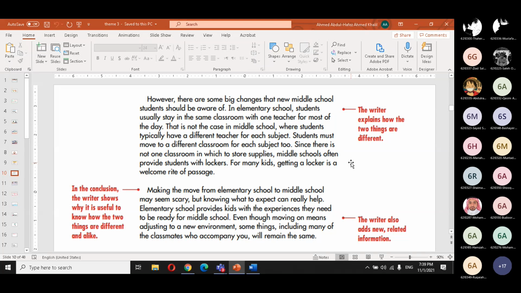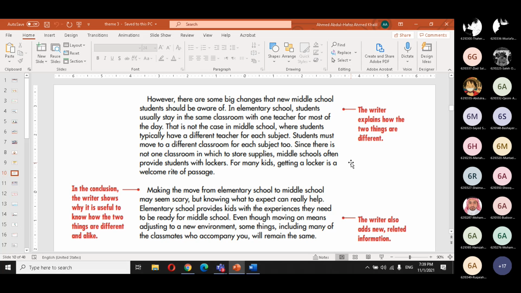Okay? In elementary school, which is primary school, students usually stay in the same classroom with one teacher for most of the day.